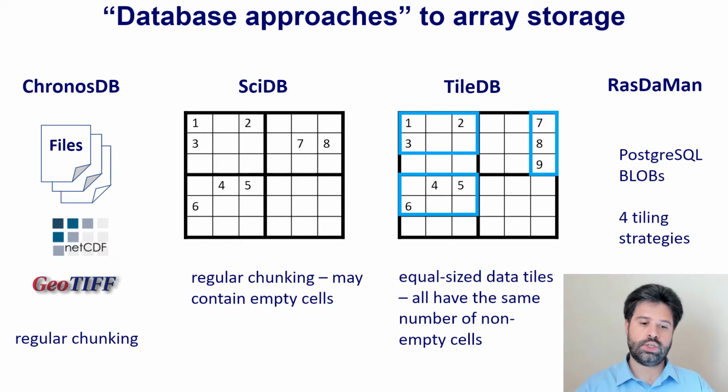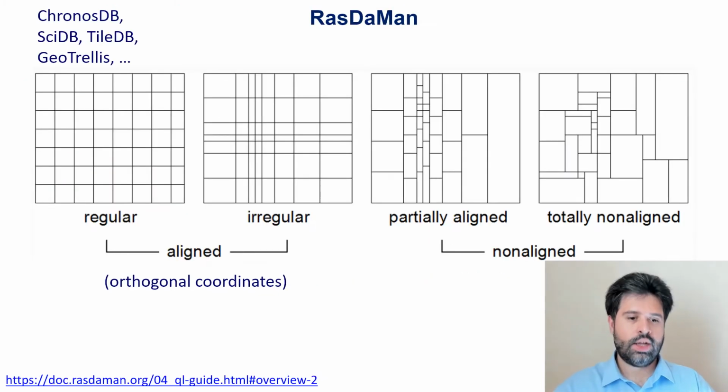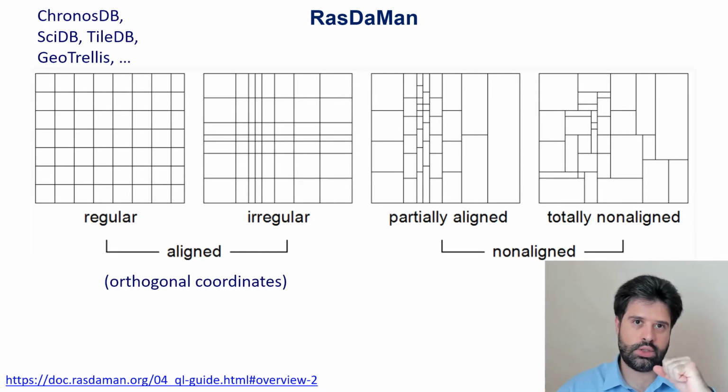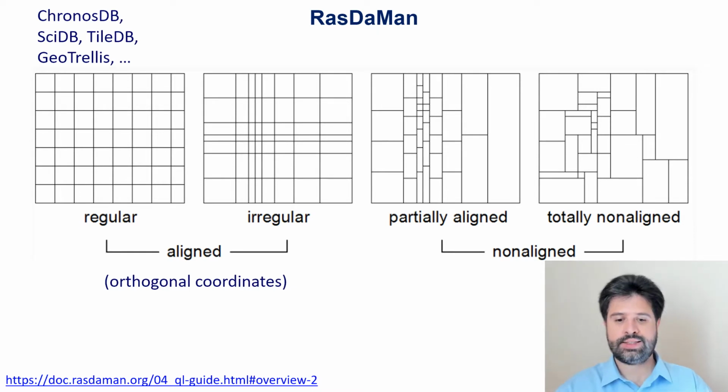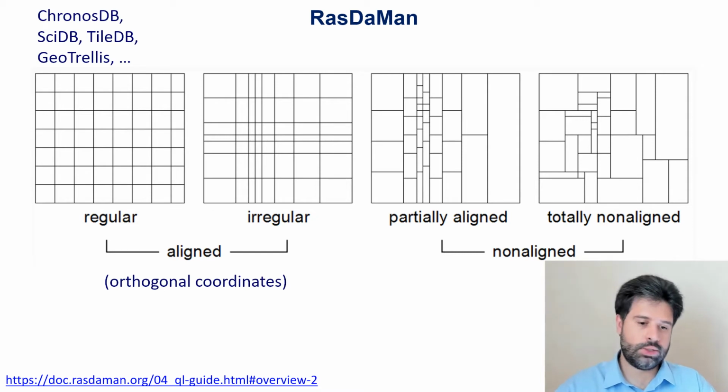Rasterman stores array tiles in blobs and provides 4 tiling strategies. These are regular, used by most systems, irregular, partially aligned, and totally non-aligned. The documentation gives some hints on what strategy to use, but it's up to users to pick a strategy and its parameters for better performance.